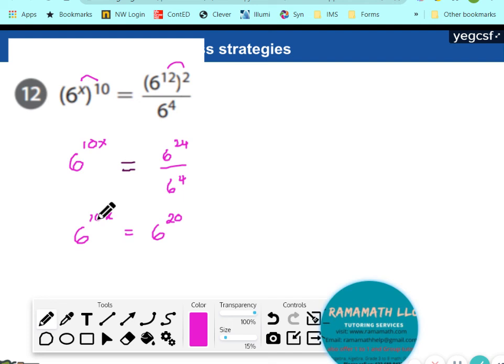Now 10x is 20, or 10 times what number gives you 20? Put them in the chat box. 10 times what number? There you go. So then you don't need to solve anymore. Just look at it. 10 times what number gives you 20? So x is 2. Done. That's what you've got to do.